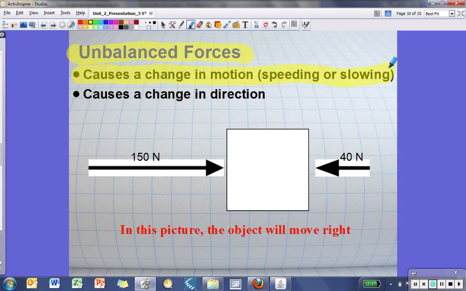For example, in this one, we have a force moving right, 150 newtons strong, and another one pushing 40 newtons to the left. Just by looking at the arrow lengths, you can tell the object is going to move to the right because the arrow showing it's being pushed to the right is that much stronger. So the object is going to change its motion. That's what we call unbalanced forces.